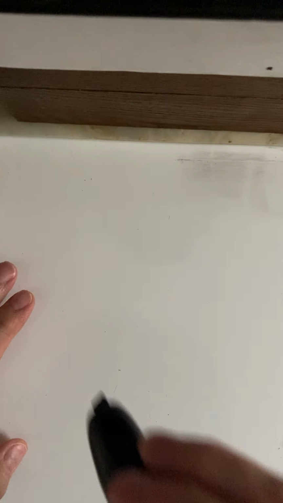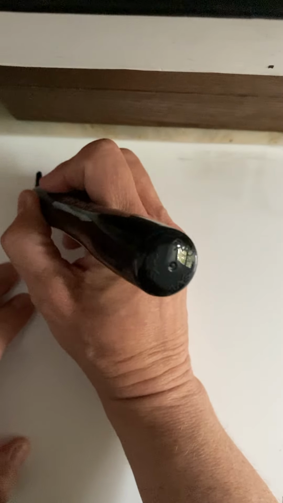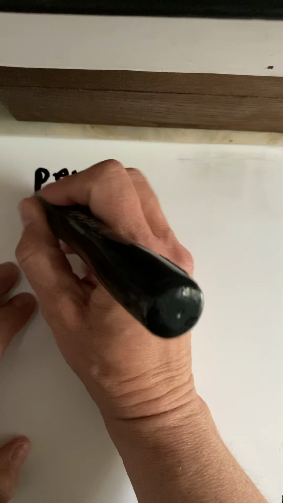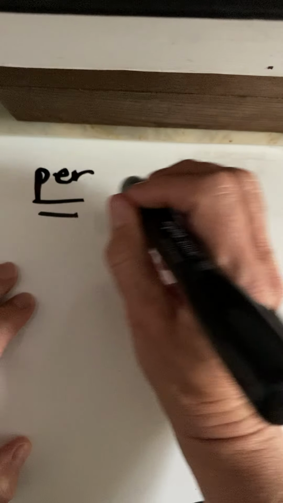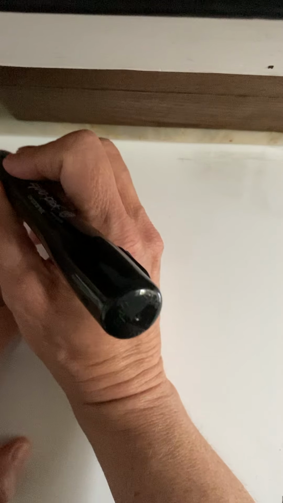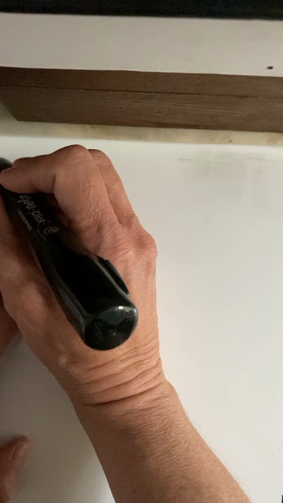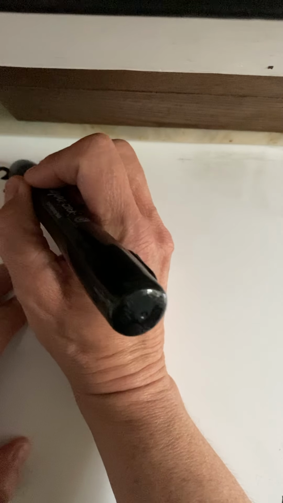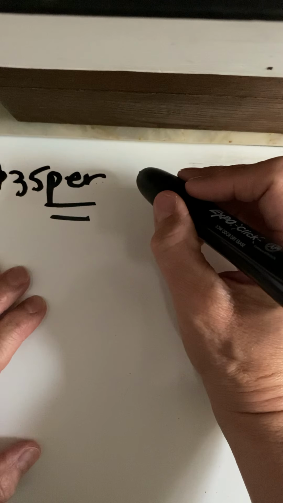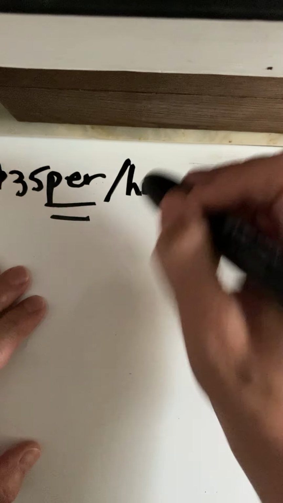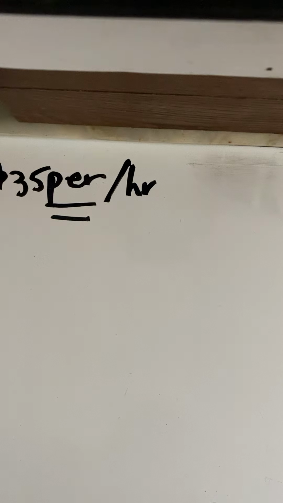Okay, so the first thing I want to bring your attention to is whenever it gives you a price per something, here it's $35 per hour, that means it's going to be a fraction.